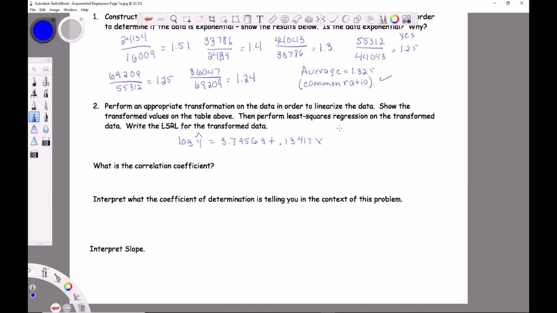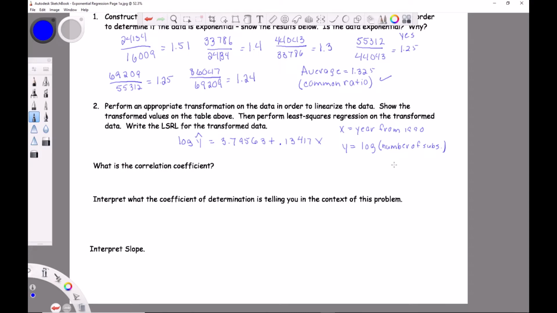And let's say x is going to be years since 1990, and y is going to be the log of the number of subscribers. I'm just going to abbreviate because I'm a little bit out of room.